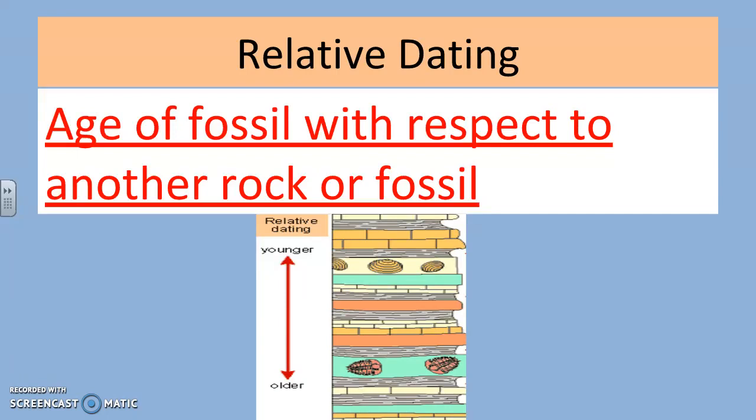And basically, relative dating just relies on the sedimentation process, where the rock layers build upon each other. And so you have the older rock layers at the bottom and the younger rock layers at the top. And so the deeper a fossil is in the rock layer, the older the fossil. All right, and this has been an SOL question, so make sure you know how to find the oldest rocks and the younger ones.